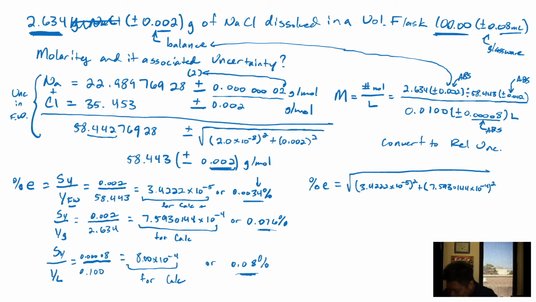Don't forget to square that, and then plus the square of 8.00 times 10 to the negative 4, squared. So that's the whole thing there.